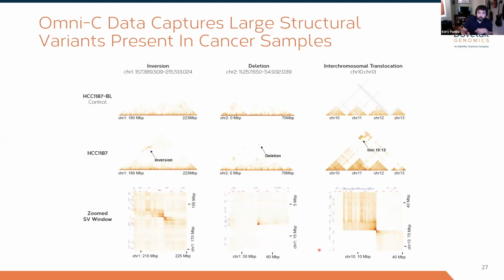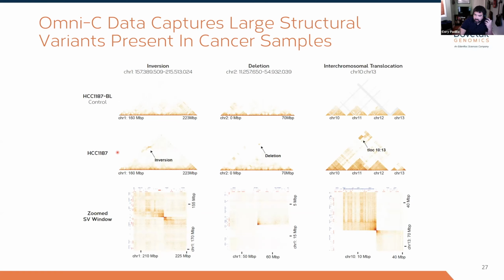Then, once you have your genome, or if you're aligning your data to your reference genome, you can look at the structural variation. What I'm showing here is the HCC 1187 BL line that doesn't really have structural variation, and we're comparing that to contact matrices from the cancer line HCC 1187.